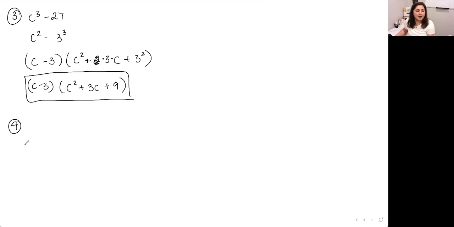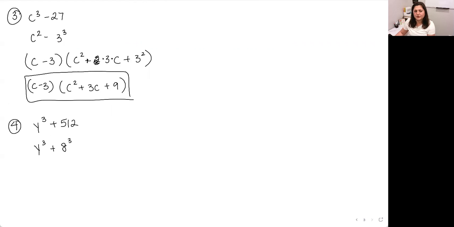Okay, so let's take a look at number 4. So number 4 is the same idea. I have y to the 3rd plus, if I'm not mistaken, and I'm going to just pull up my calculator really quickly. I am going to take the cube root of 512 and get 8 to the 3rd.